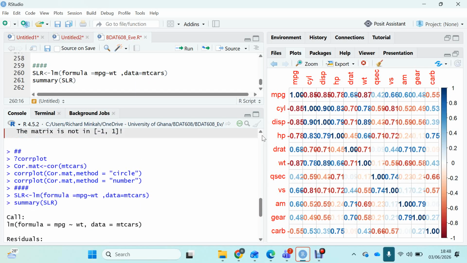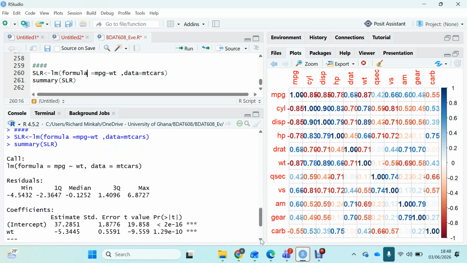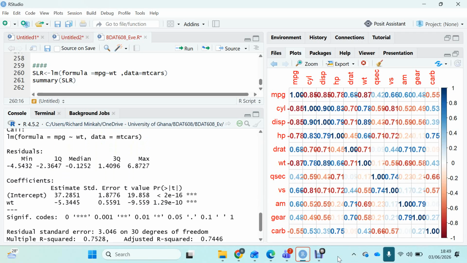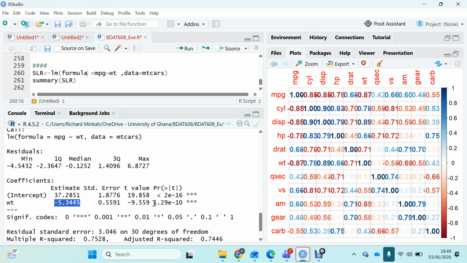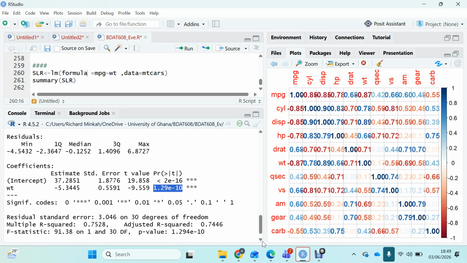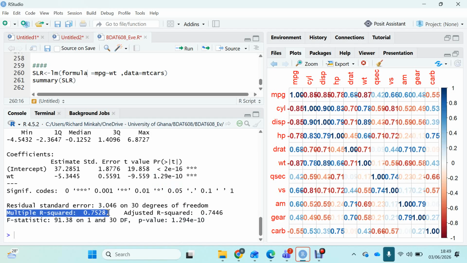So what I'm saying is that do this, and look at the model and compare it with what you did yesterday. So would you say that weight significantly determines the MPG, or the variation in the MPG? It can determine the variation in MPG at 1%.